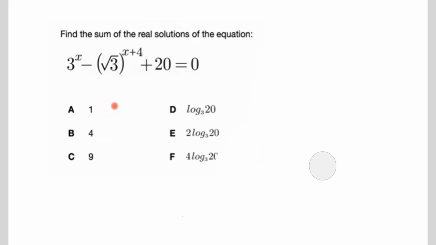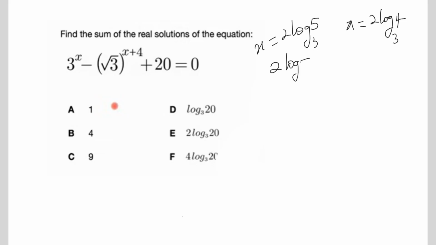We know that one of the answers is x equal to 2 log 5 base 3, and the other one is x equal to 2 log 4 base 3. So we're going to be adding 2 log 5 base 3 plus 2 log 4 base 3 together.